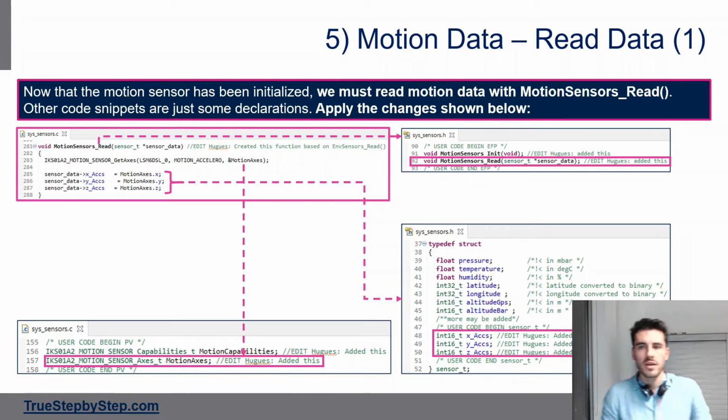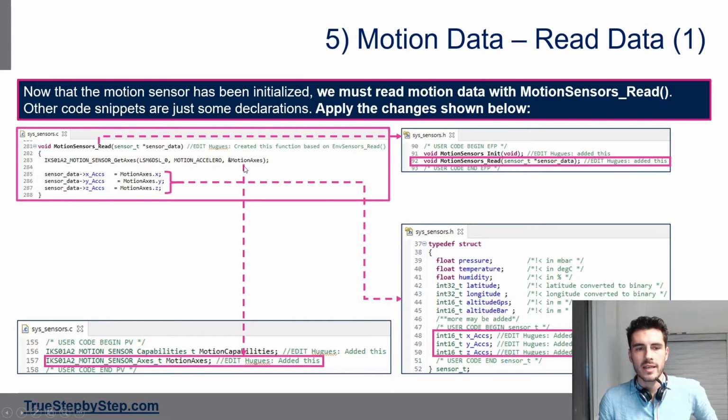And so the next step is to create a function that will actually read the data from the sensor. Okay. So we have to create this function called motion sensors read. Yet again, I created this function based on environmental sensor read, which was already implemented. And so all we have to do is to use this function here, which will actually get the data.